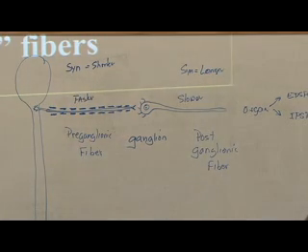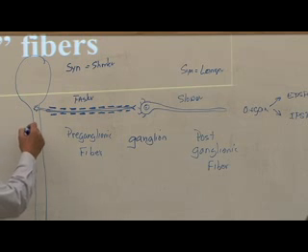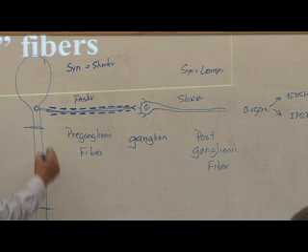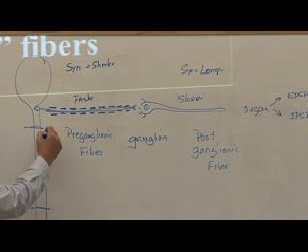Okay. So we have short preganglionic fibers. And what they do is they arise in unique areas of the spinal cord. So the sympathetic system is spinal only. And it involves our thoracic nerves.